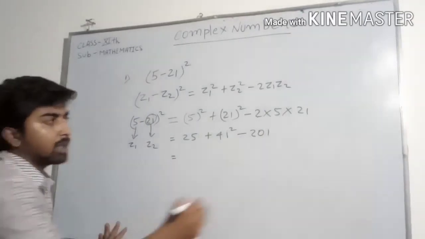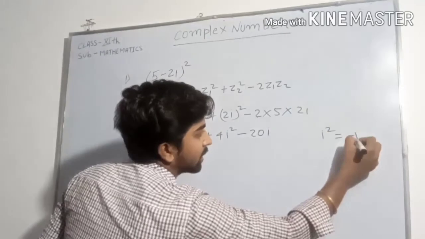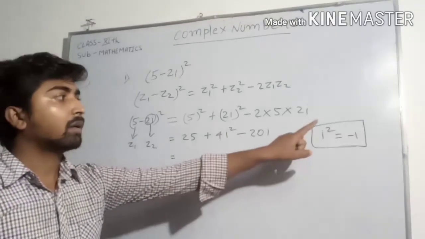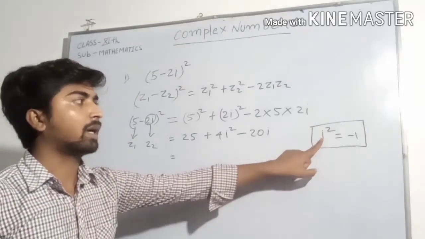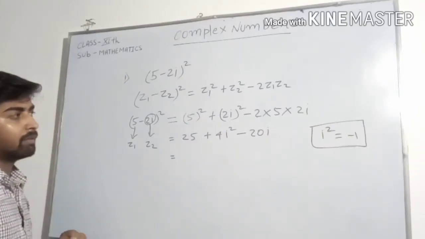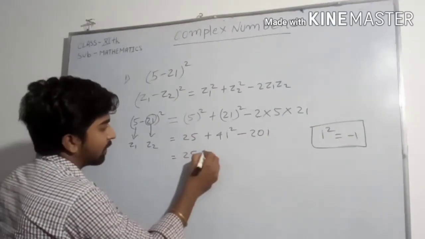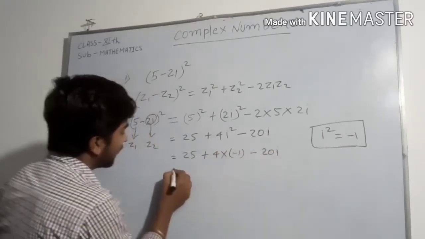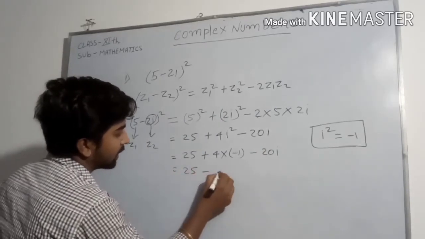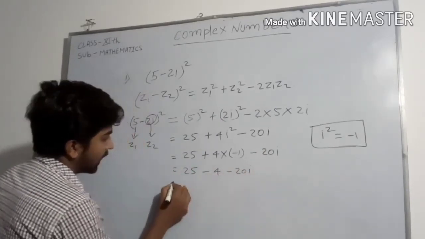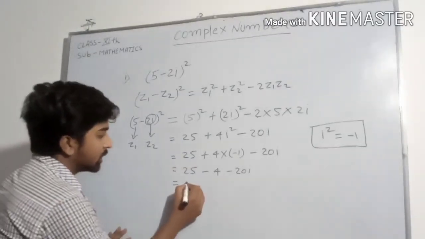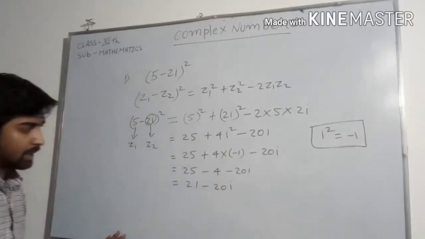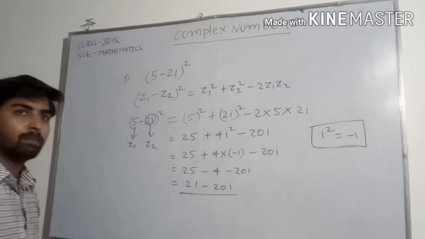Students, we know square of i equals minus 1, as we discussed earlier. So we will put this value here: 25 plus 4 into minus 1 minus 20i, and this is 25 minus 4 minus 20i. 25 minus 4 equals 21, and this is minus 20i.